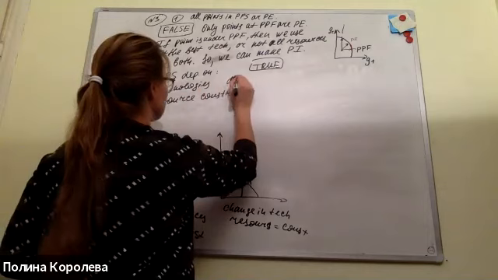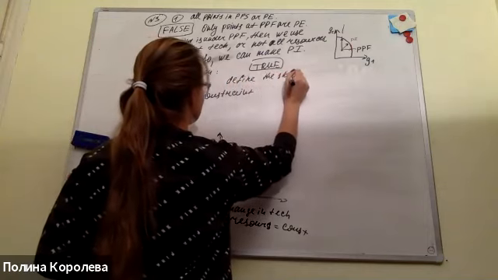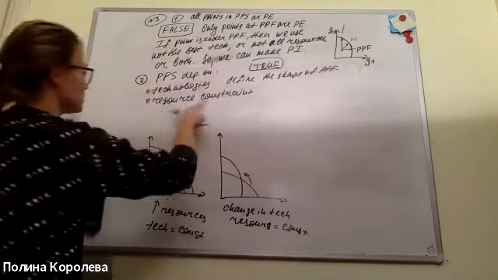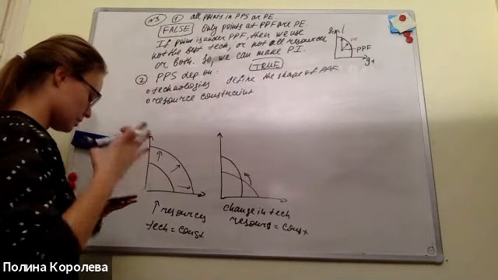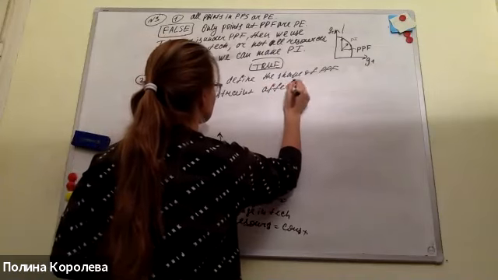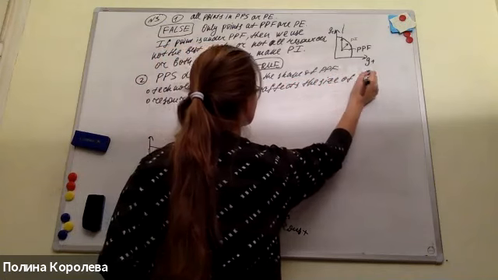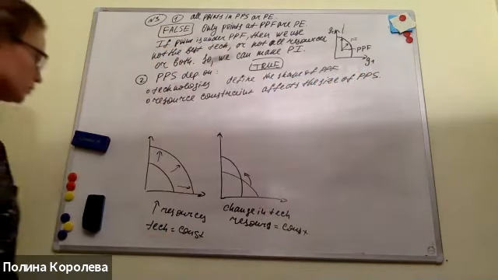Technologies define the shape of the PPF, and the resource constraint affects the size of the PPS. Okay?